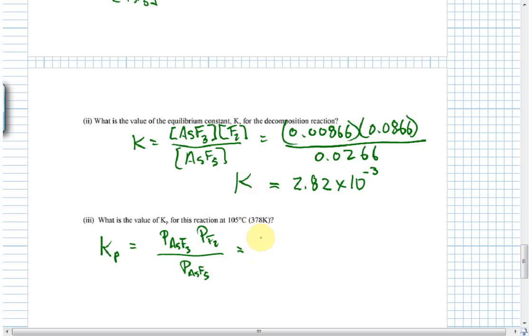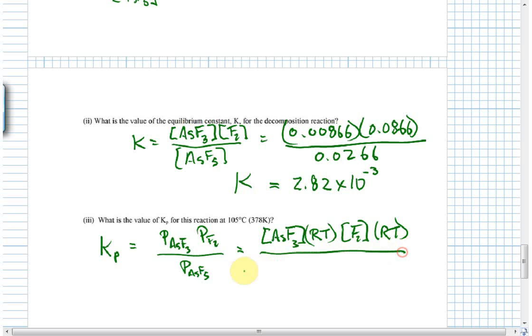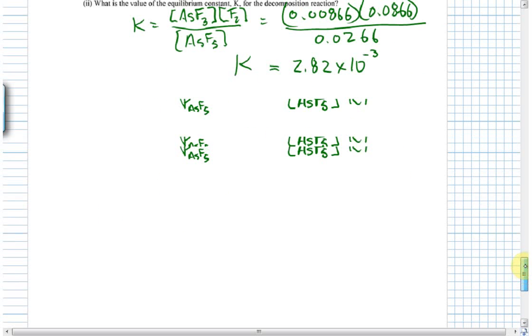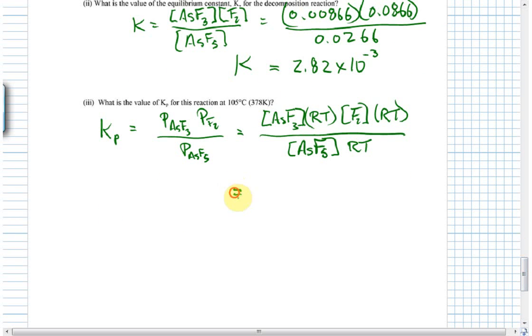If we look back at the previous page, pressure is equal to the concentration times RT. So the pressure of arsenic trifluoride is equal to its concentration times RT. The pressure of fluorine is equal to its concentration times RT. And the pressure of arsenic pentafluoride is equal to its concentration times RT. If we rearrange that expression and put all the concentration terms together, what do we end up with?